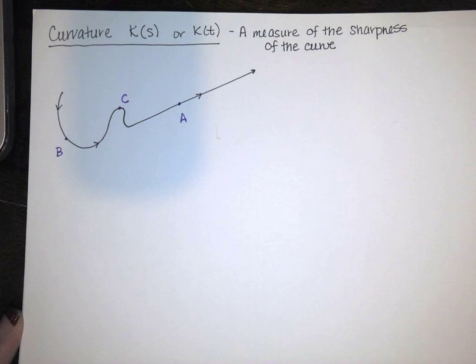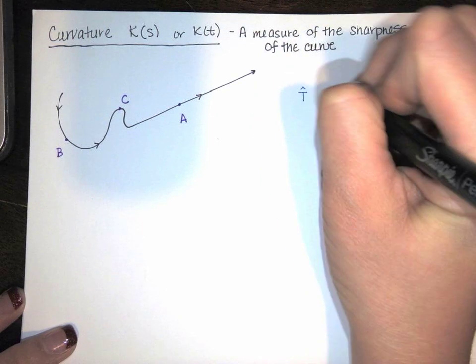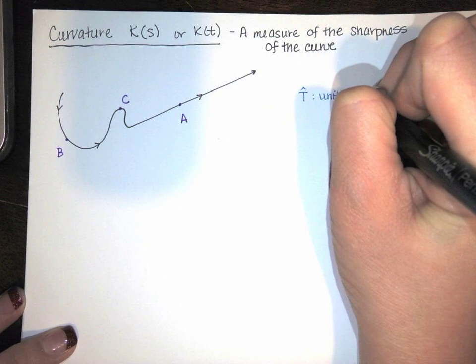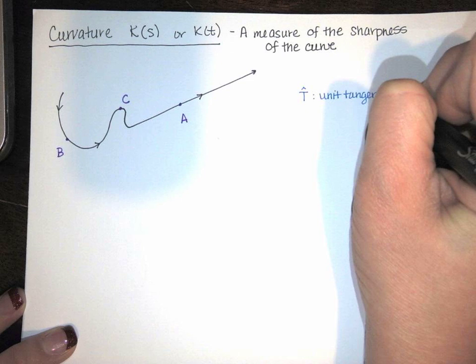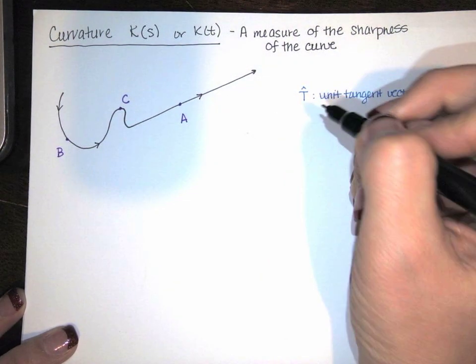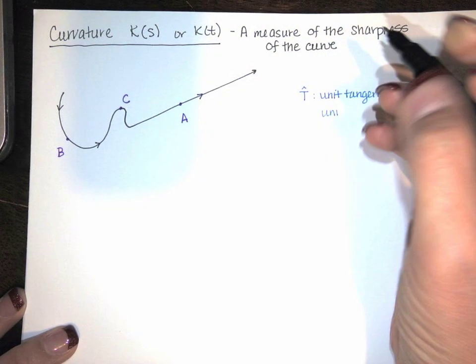So the unit tangent vector, that's T hat, remember it's 1 unit long, and it points in the direction of motion. So if we're going this way, it's going to point in that direction.